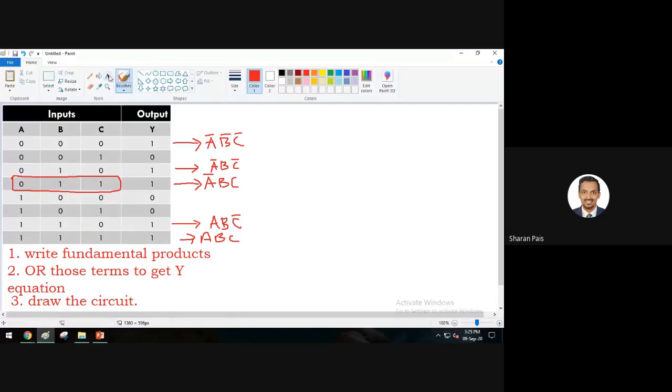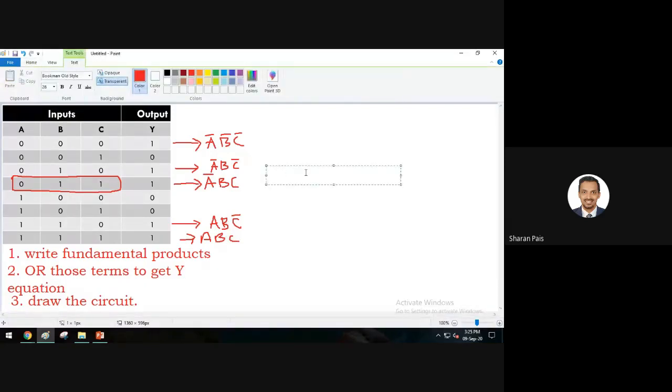So next you are writing the equation. Whenever I am writing the equation, you can write directly Y equal to all the terms.